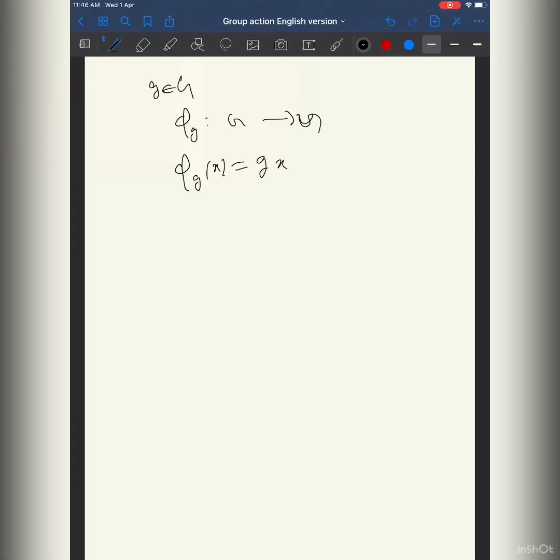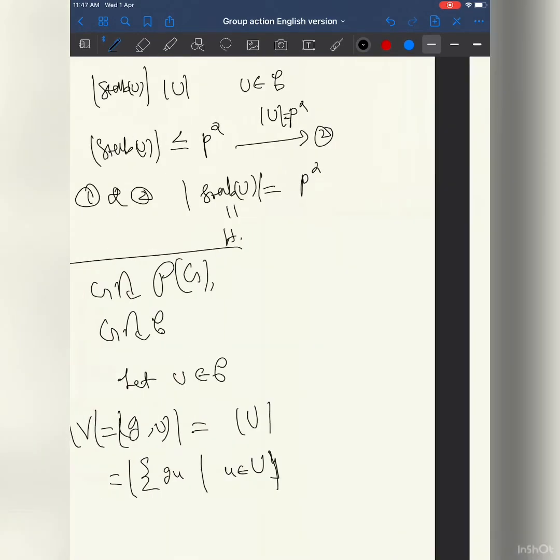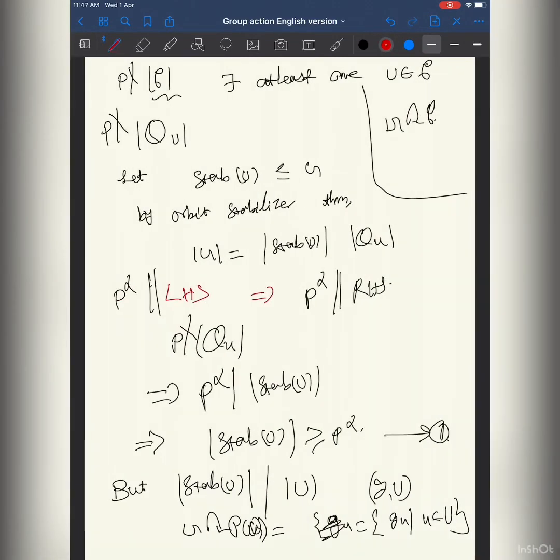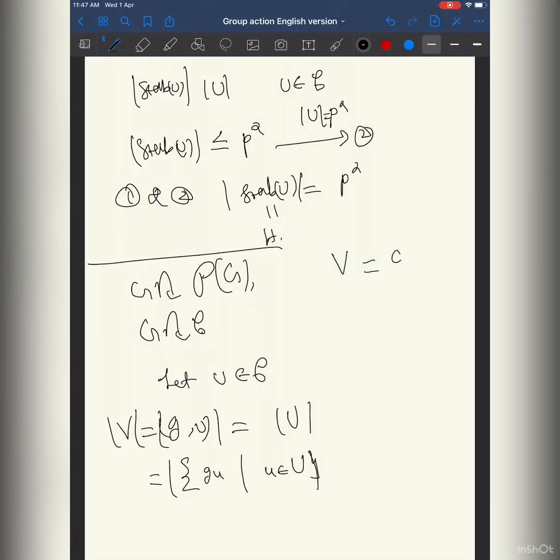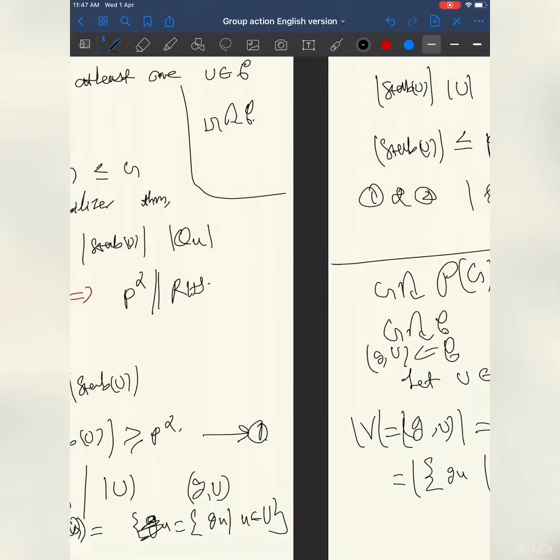We have seen in many videos before, in the class equation, that this is an invertible function, and its inverse is P_g inverse. The same kind of image is used here: V is the image P_g(U), and the invertibility says both sets have the same size.